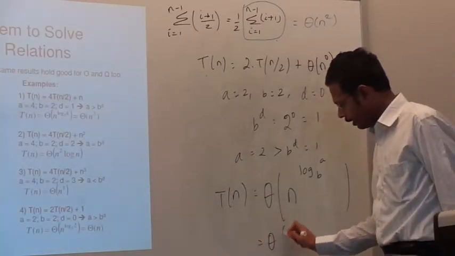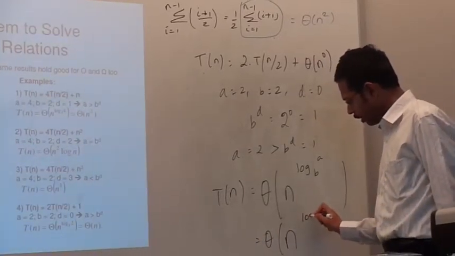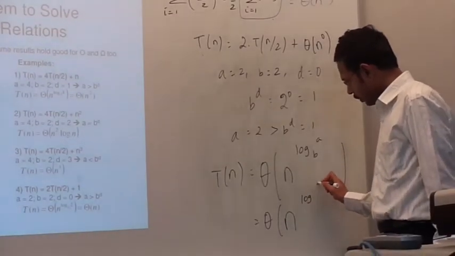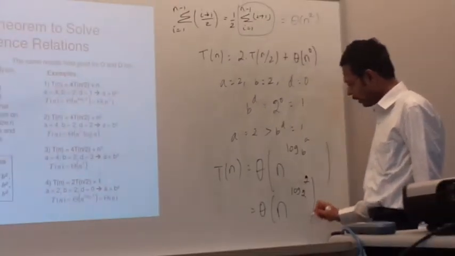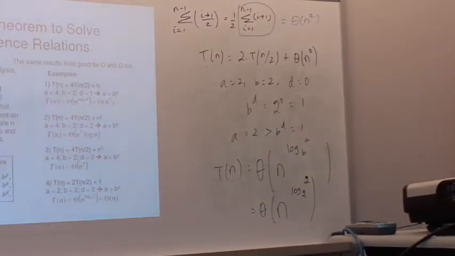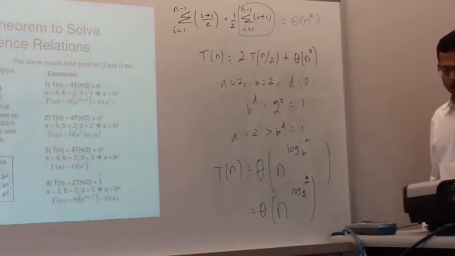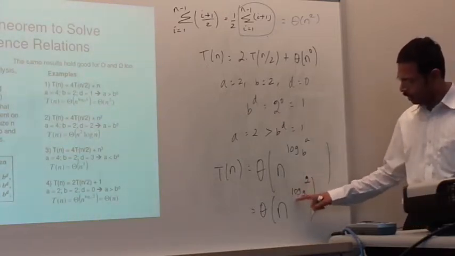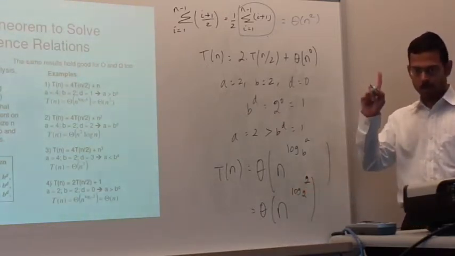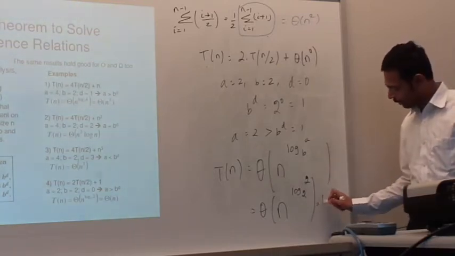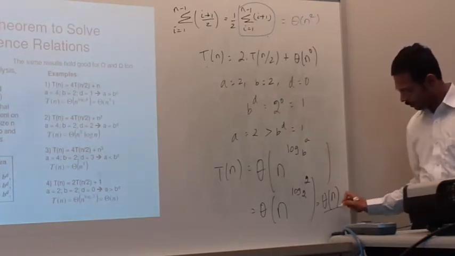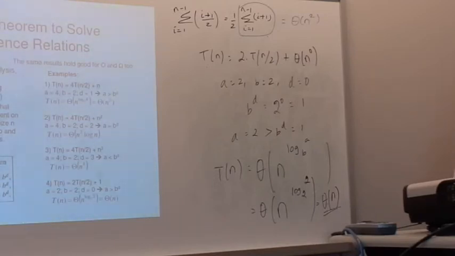Theta of n raised to log a, where a is 2, and b is also 2. Log 2 to the base 2 is 1. So overall it is n raised to 1. And what is that? Theta of n.